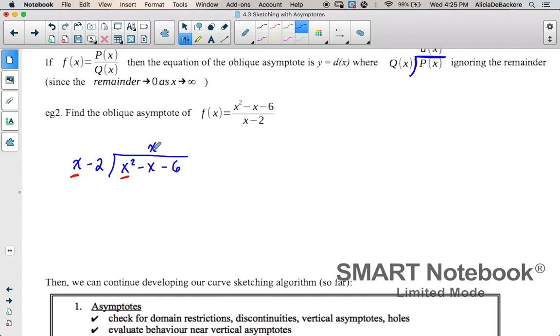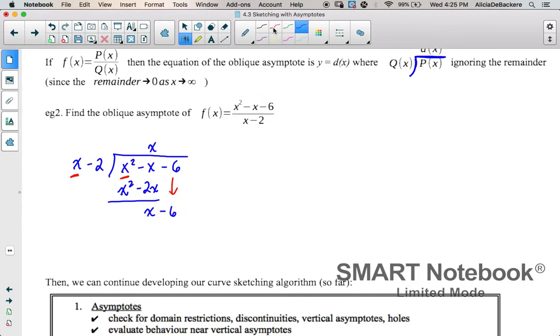And it's x. I stack that above the x column. Now x times x is x squared, and x times negative 2, so I'm multiplying it through the divisor. And then I subtract. The first term should always go to 0, and subtracting here, I'm actually going to add the 2x, and I get x. Then I bring down the negative 6.